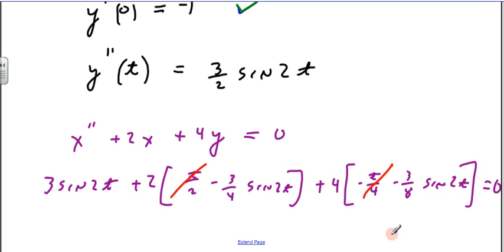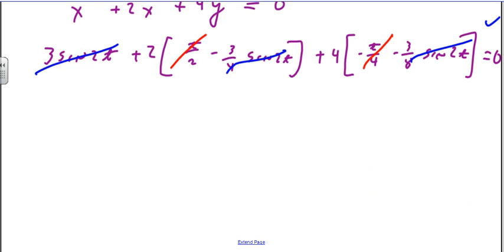Oh, yeah, that's good, because minus 3/2 minus another 3/2 makes minus 3 sines, and I got a 3 out there, so no problemo. Check.